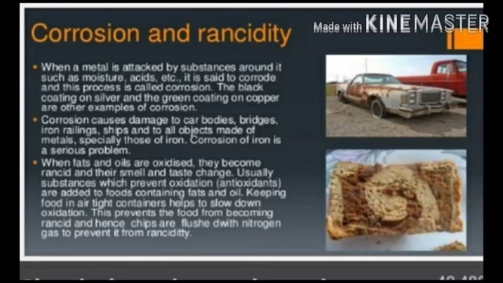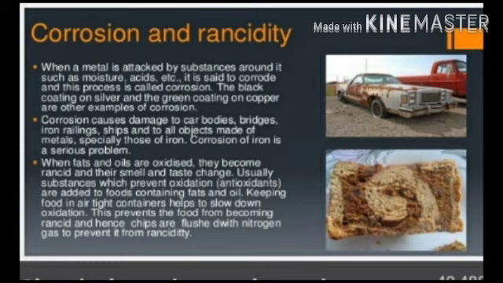The black coating on silver and the green coating on copper are examples of corrosion. Corrosion causes damage to car bodies, bridges, iron railings, etc. Corrosion can be prevented by various methods such as galvanization, painting, greasing, alloying, etc.